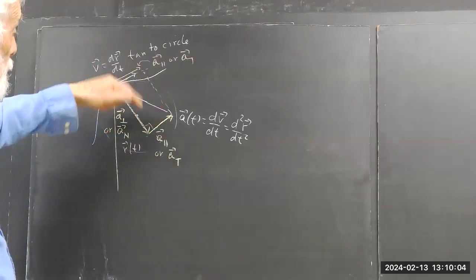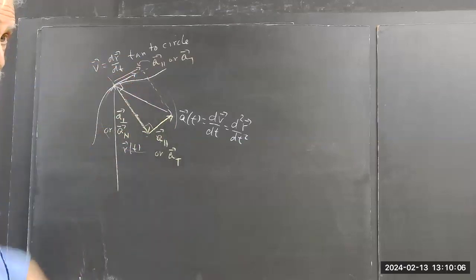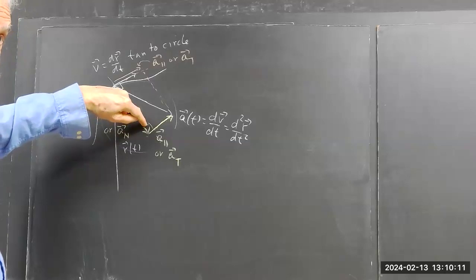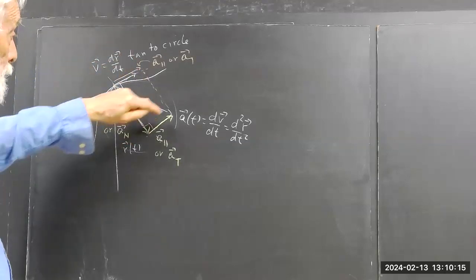We project back, and these are all right angles. This one has to be a right angle, I said this one is, and I said this one is, whether it looks like it or not. All three of these are right angles, and so is this one.